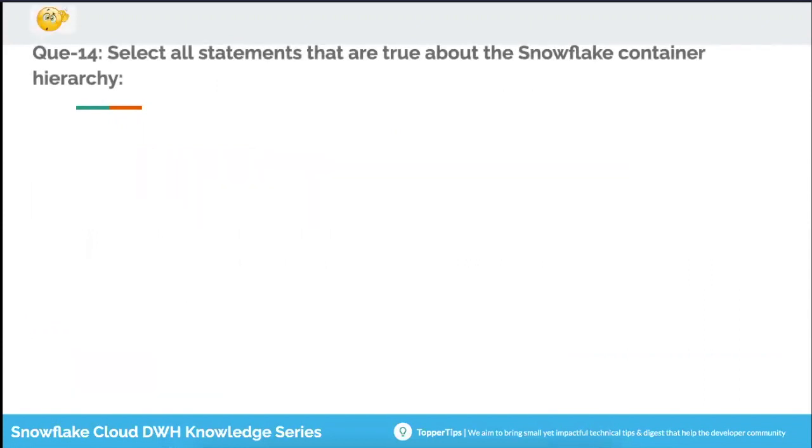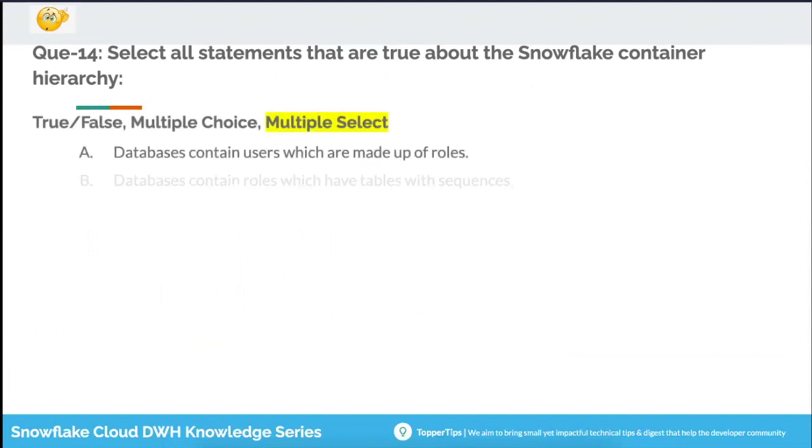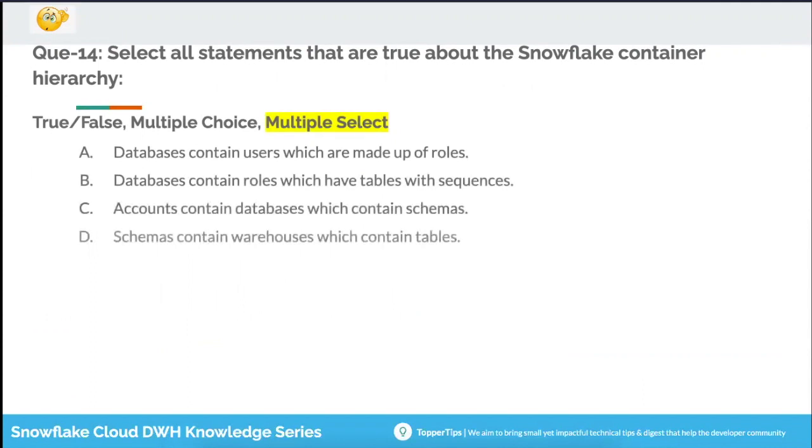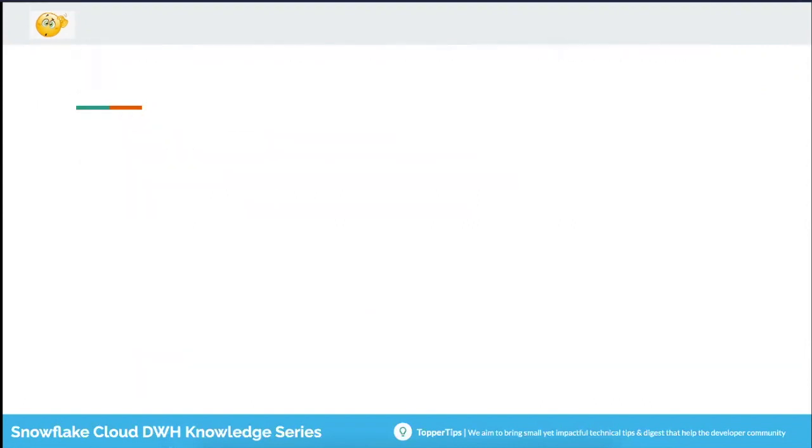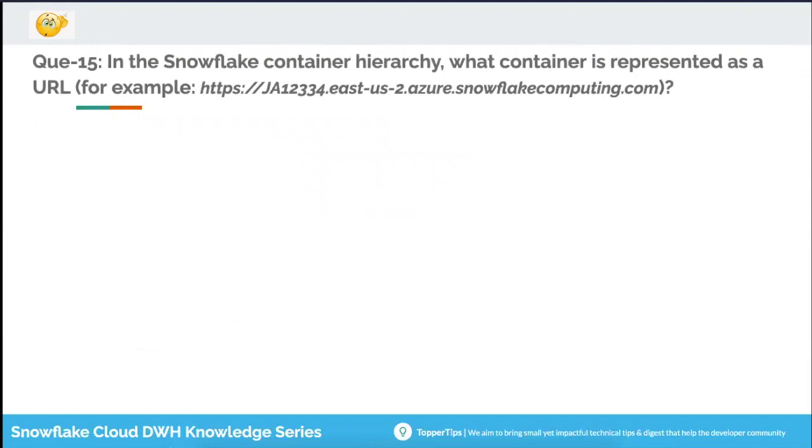This is a tricky question. Select all statements that are true about the Snowflake container hierarchy. So make sure that it is asking about all the possible correct ones. So the next one is also a bit tricky.